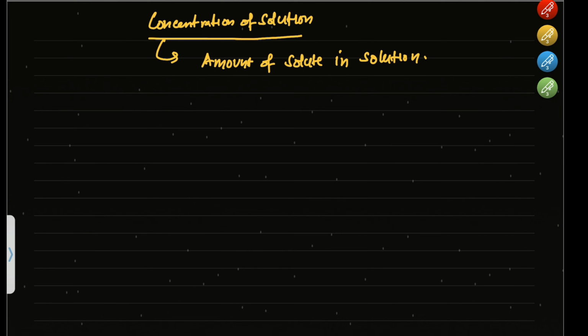The first term about the concentration of the solution is molarity.